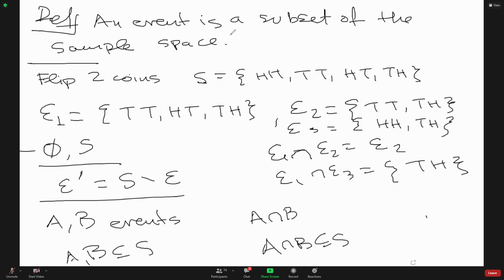Since we defined an event as a subset of the sample space, the empty set is also a subset, and it's always a subset. We will see later why we really want the empty set and S to be events.